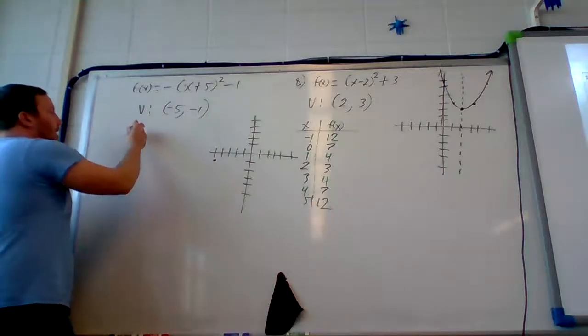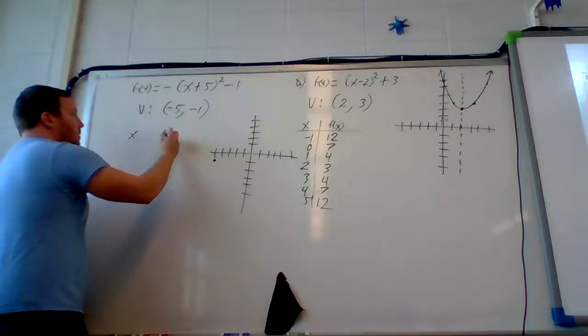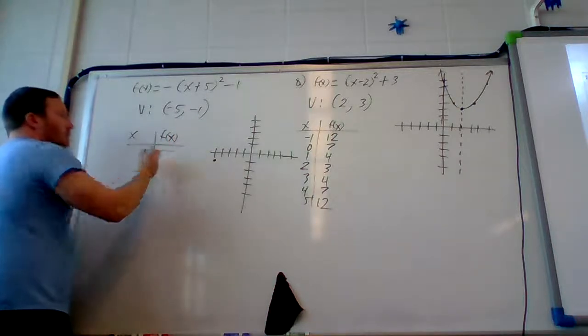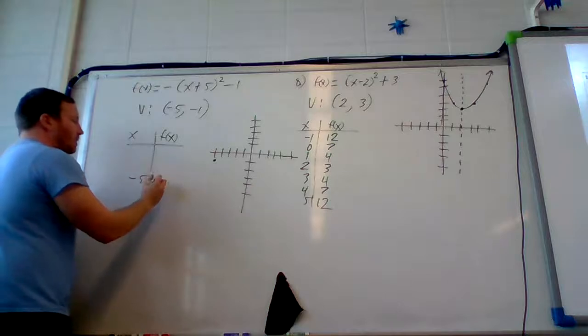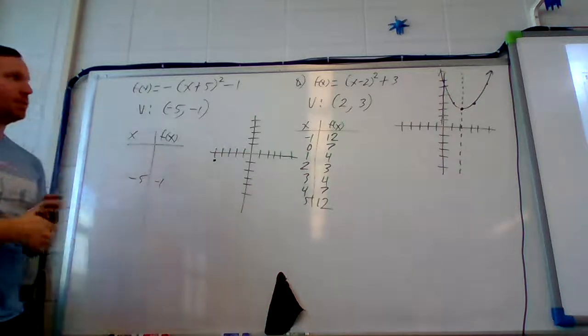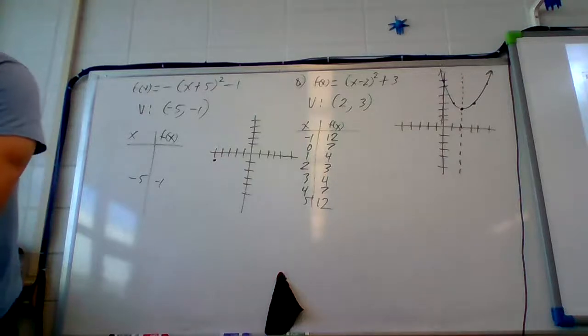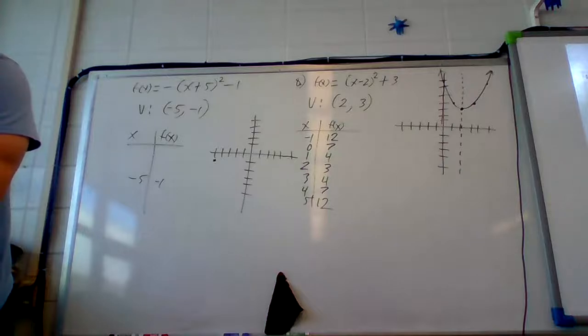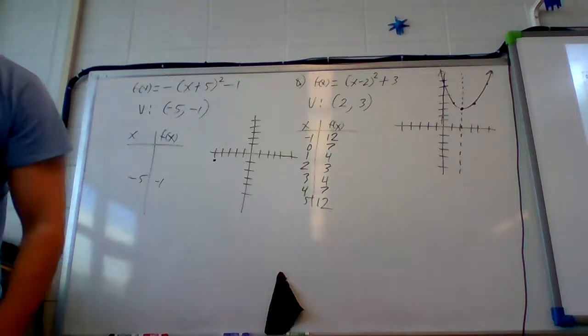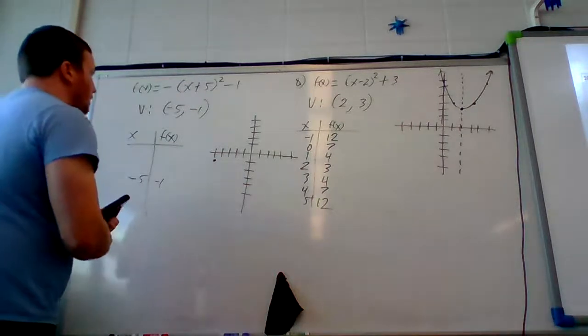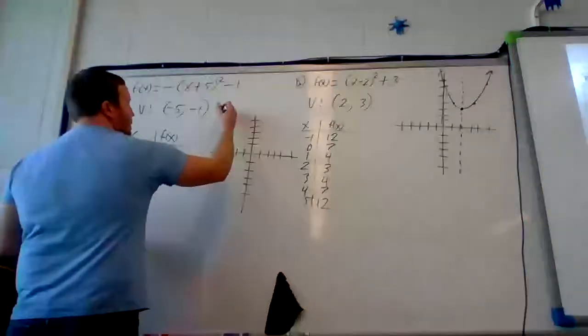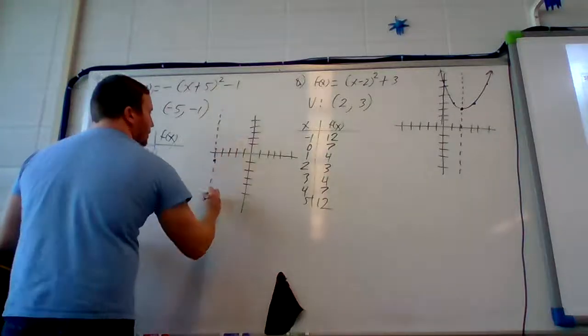Let's find some of these other points. So we're at -5, -1. Again, I'm going to go to my graph, plug in our equation. So we have negative times x plus 5, that quantity squared, minus 1. Now I want to look at my table. And here's my axis of symmetry going right through our vertex.